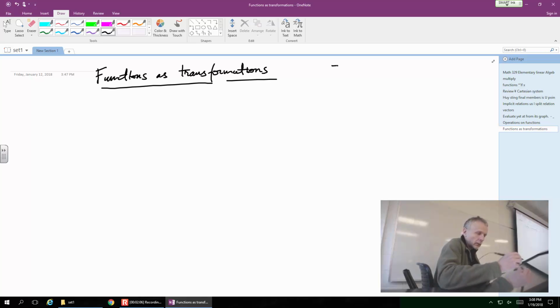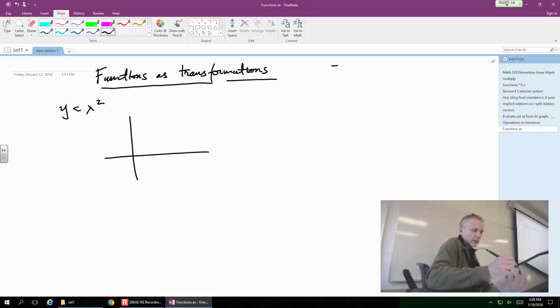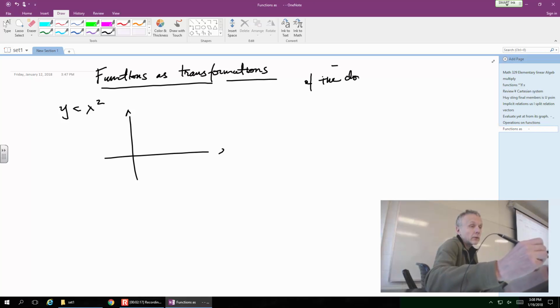Okay, so we'll just take a few functions that are familiar and look at them as transformations. Transformations of what? Of the domain into the codomain, or the range.